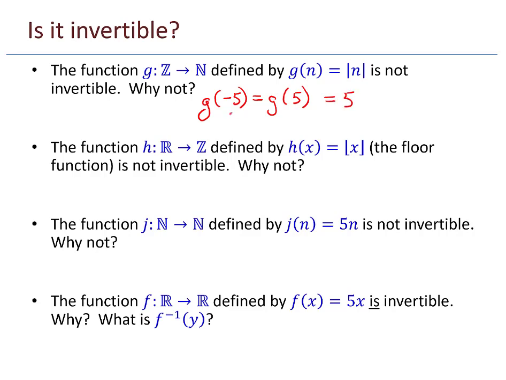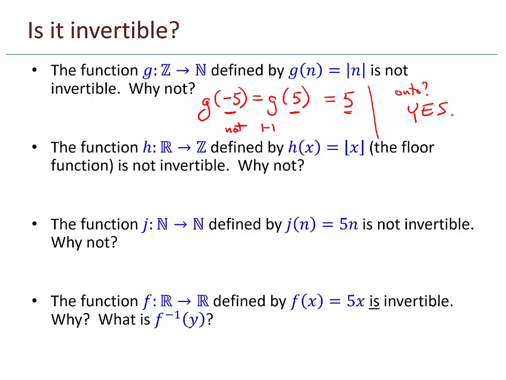So I have 2 distinct elements in my domain that get mapped onto the same element in my codomain. So this function is not one-to-one. Is it onto? And in fact, the answer is yes. And you can sort of verify that for yourself.